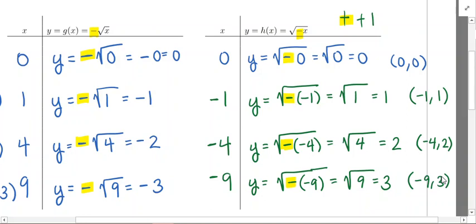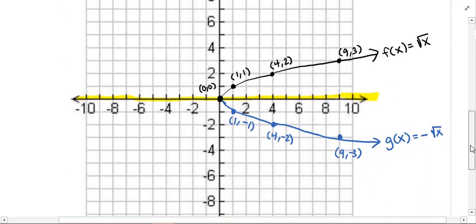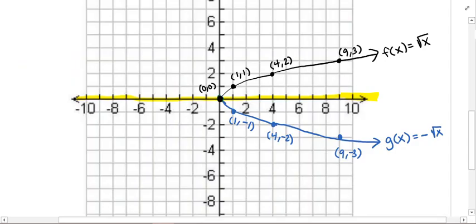Okay, so let's go back to our grid and plot this particular graph in green. My grid is over here on page 5. This graph also goes through the origin. If we look at our other points, we've got negative 1, positive 1.